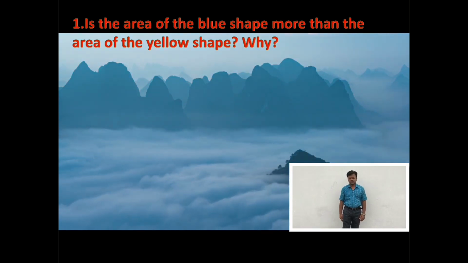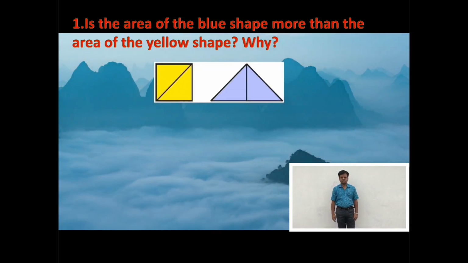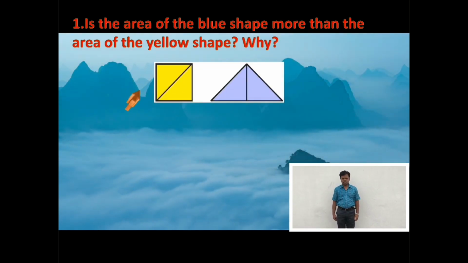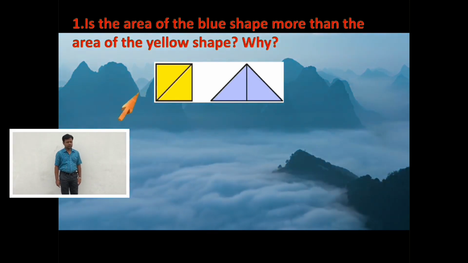Is the area of the blue shape more than the area of the yellow shape? Why? Look at the shape.